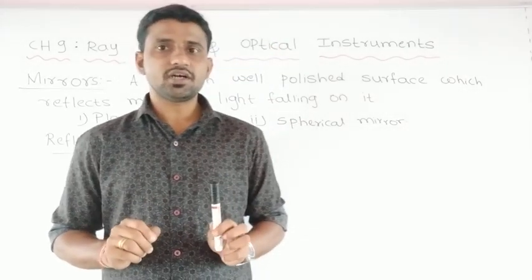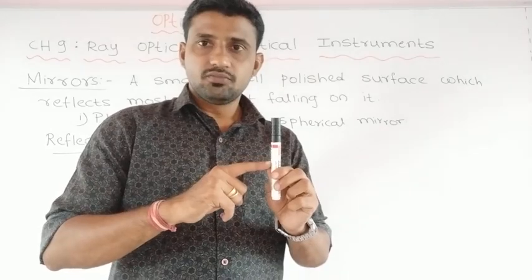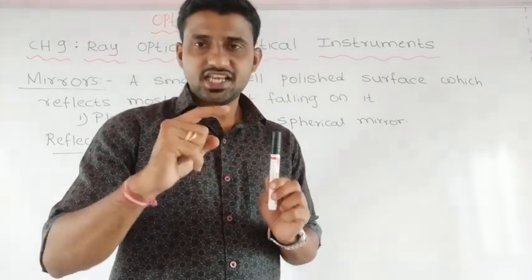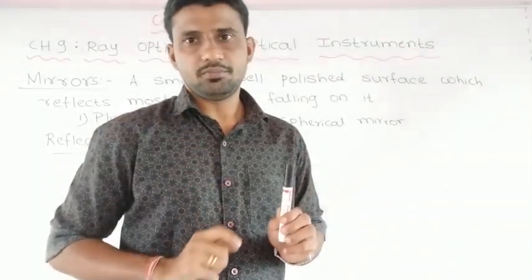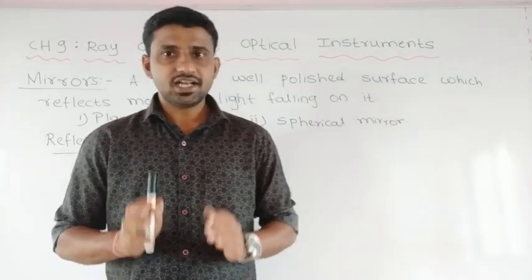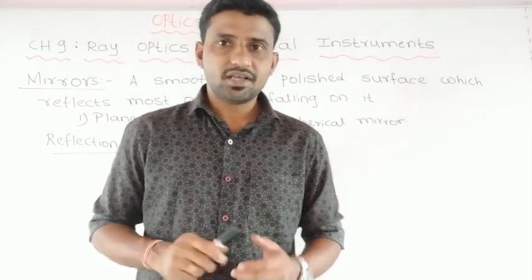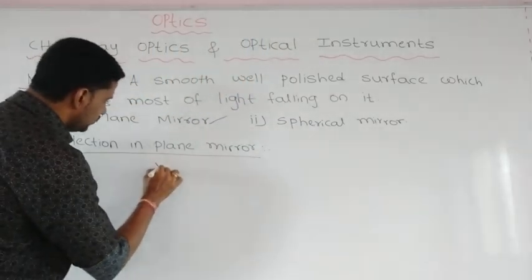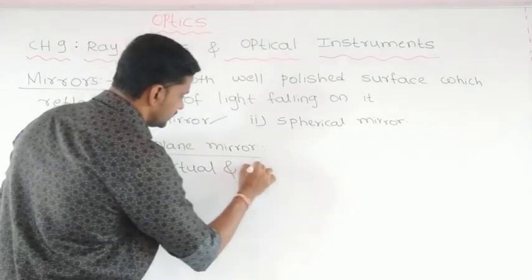Another important thing that you should remember is that the distance of the object from the mirror is the same as the distance of the image from the mirror, so we can tell that the image we get in the case of a plane mirror is virtual and erect.